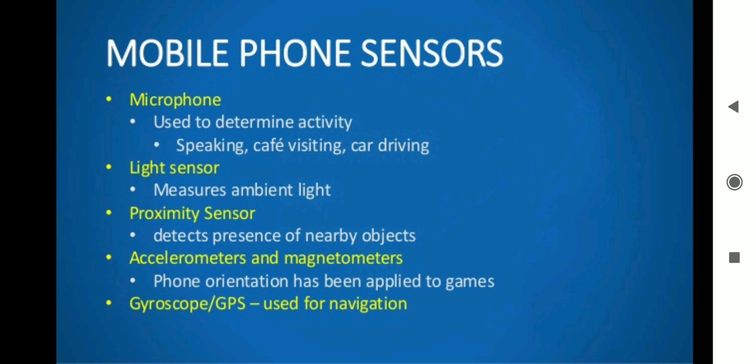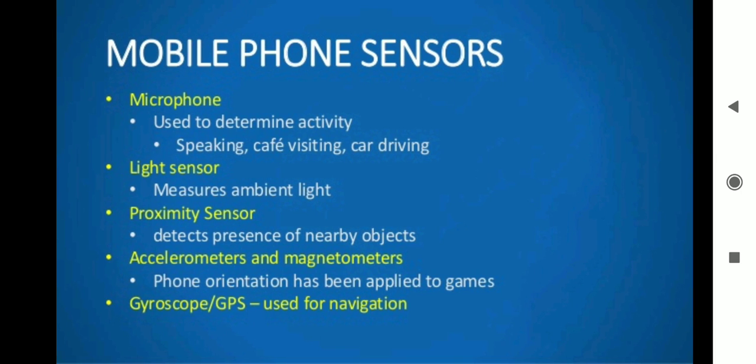Next sensor, which you generally have heard of, is the microphone, used for speaking, car driving, etc. Then the light sensor. The phone's light sensor is what measures how bright the ambient light is.